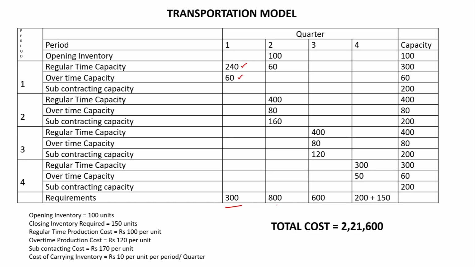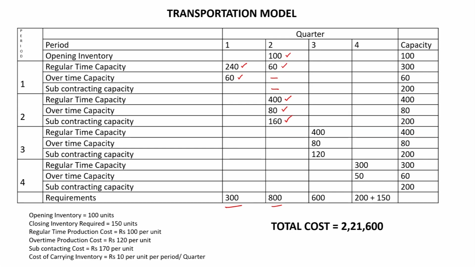For the quarter 2 requirement of 800 units, I will try to meet 100 units from opening inventory, 60 units by regular time capacity, and I am not using any overtime or subcontracting here. I am using 400 of regular capacity here, 80 units of overtime and 160 units of subcontracting.